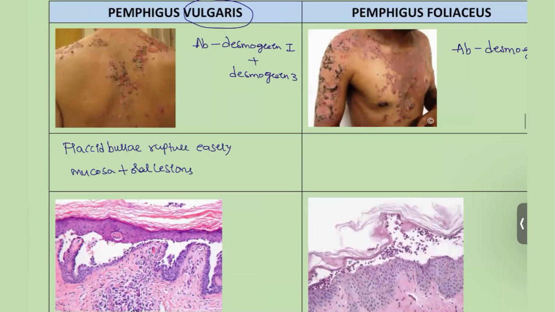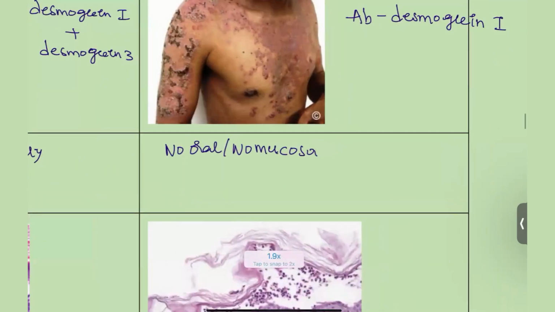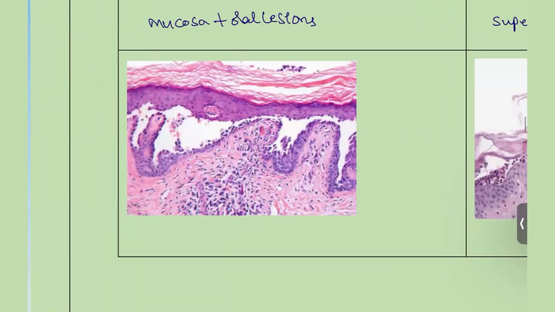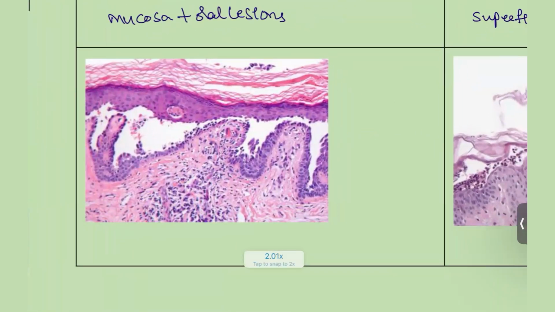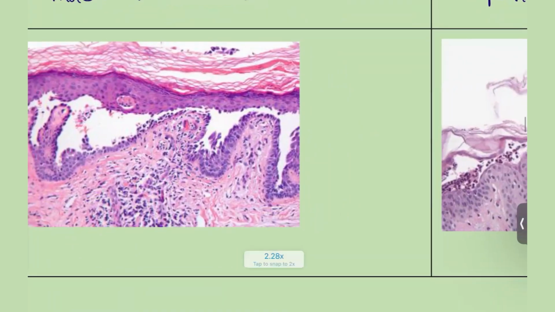Next, pemphigus foliaceus does not involve the mucosa, so no oral lesions, but it causes superficial scaling and bullae. Next, on the histology, acantholysis is seen in the suprabasal layer.